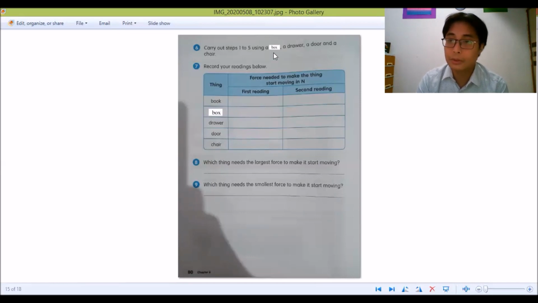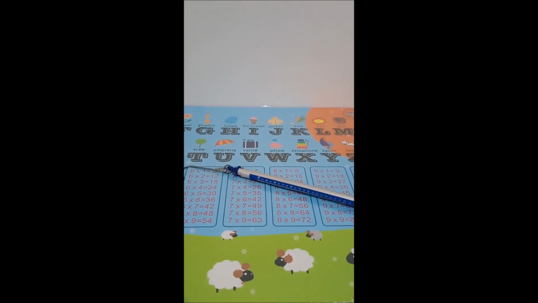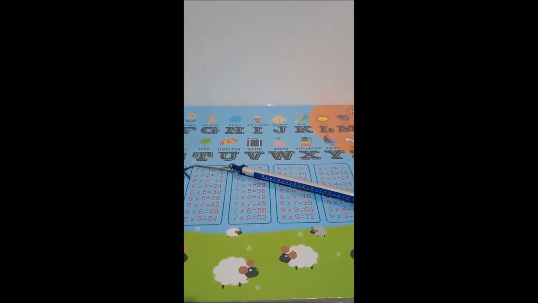So later I will use a box, a pencil box. Next, a drawer, a door, and a chair. So we're going to put all the readings here. Then after that, answer numbers 8 and 9 on your own. Is that clear?